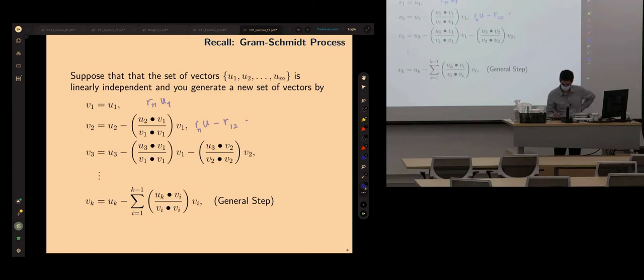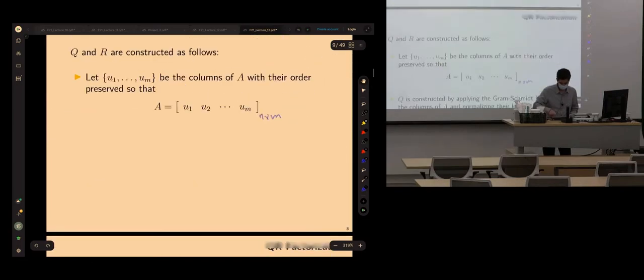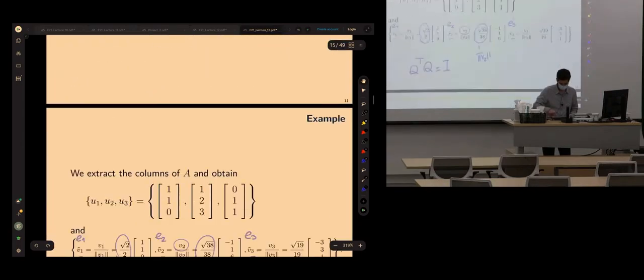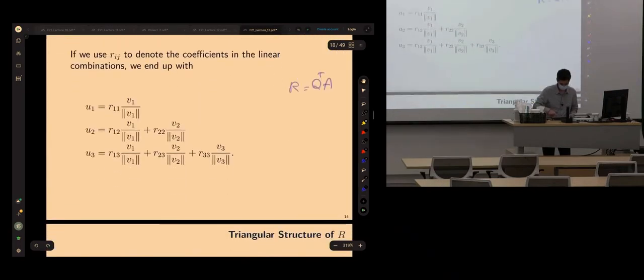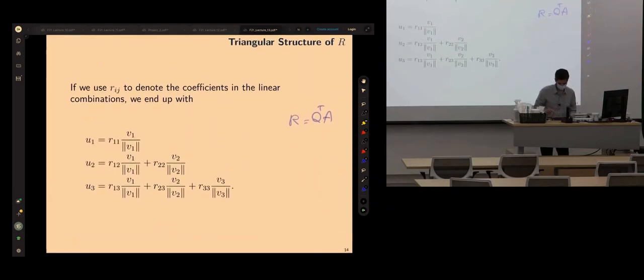Are we writing it correctly? Let me go back. I think U and V are swapped. That's why I got confused. So let's just stay here.